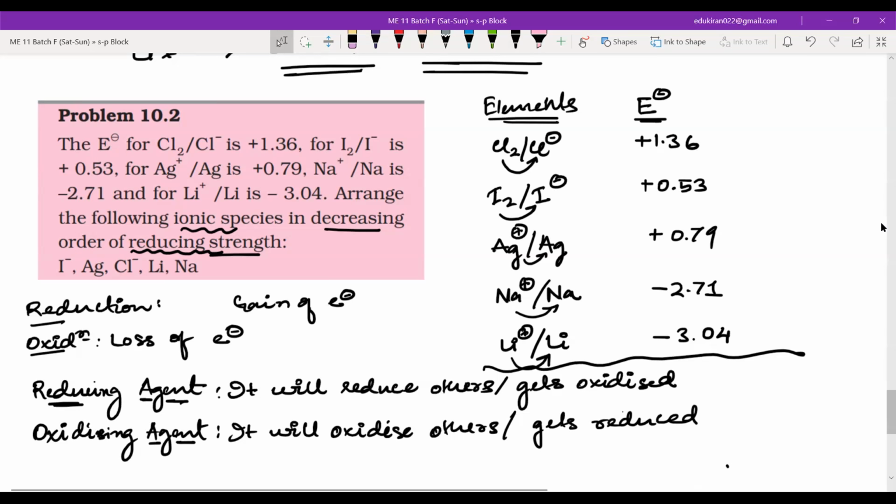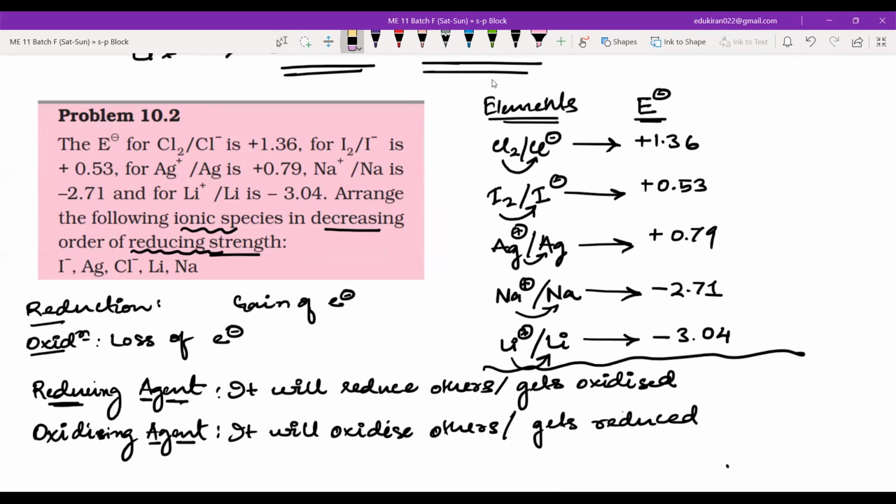Now you can say that this is E naught, and E naught is telling me something about the reducing power, because they are saying that Cl2 to Cl negative is 1.36, I2 to I negative is this much. So it is telling me something, because in all of these, Cl2 to Cl negative, it is getting reduced, right?